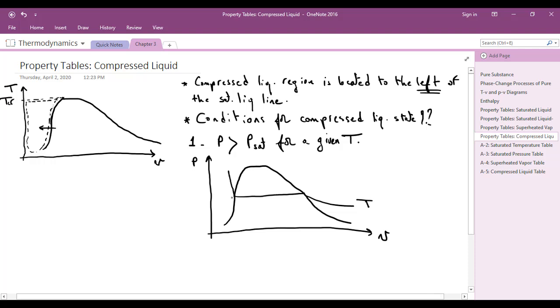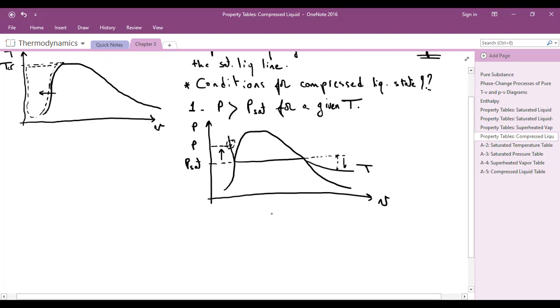So at this line here we have the saturation pressure when we have phase change, and for the state to be in the compressed liquid region, it should have a pressure P that is higher than the saturation pressure. So in this region the pressure is higher than the saturation pressure as opposed to the superheated region. If we recall, the pressure in the superheated region is lower than the saturation pressure. So this is the first condition.